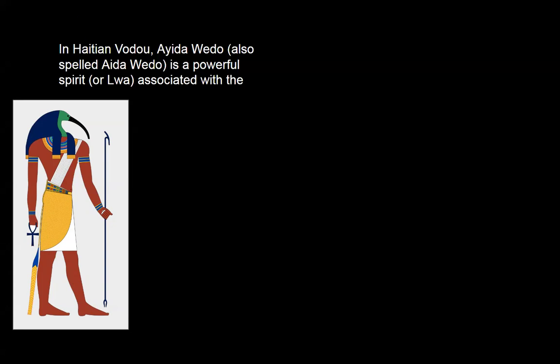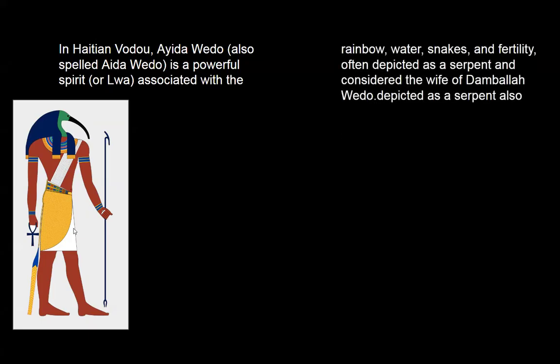So in Haitian voodoo, Aida Wedo is a very powerful spirit associated with the rainbow, waters, snakes, and fertility, often depicted as a snake and considered the wife of Dambala Wedo, which is also depicted as a serpent.